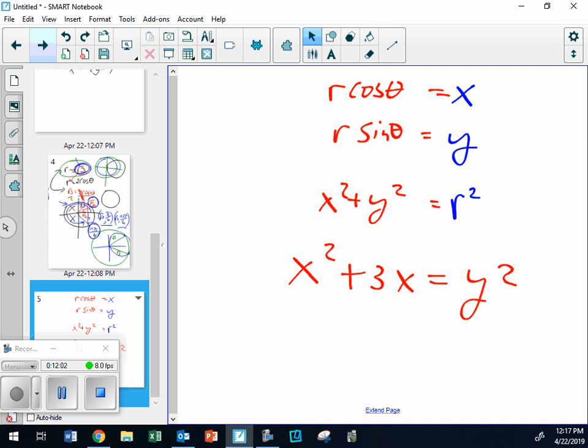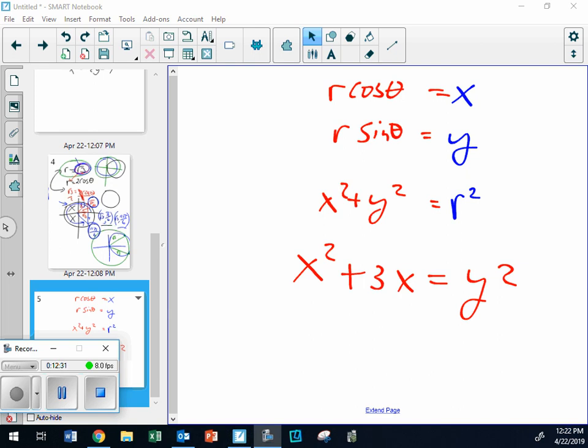Do you guys get that this is probably some morph of a circle because it's got an x squared and a y squared in it? Okay, so it's probably some type of circle. Well, how could we make that same drawing with polar? Don't overcomplicate it. Try to figure out where you can make some swaps and get all the x squareds and the y squareds out of there and leave the answer with only r's and thetas. I'll pause for a minute and give it a try.